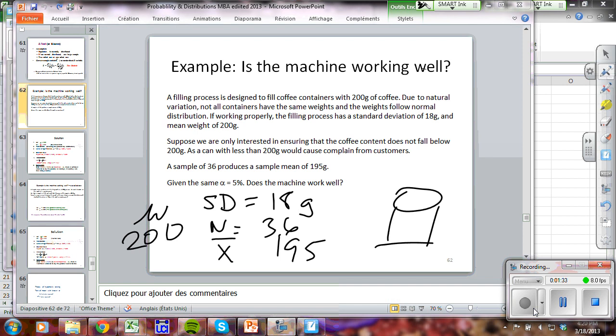So if we want to find out if this is working well, we can use the formula you just learned in your notes. For example, here, this gives us a moment to think about hypotheses. Since we're concerned it's only about falling under, that means we have a one-tailed hypothesis. So we're only concerned about the rejection error on the one side.